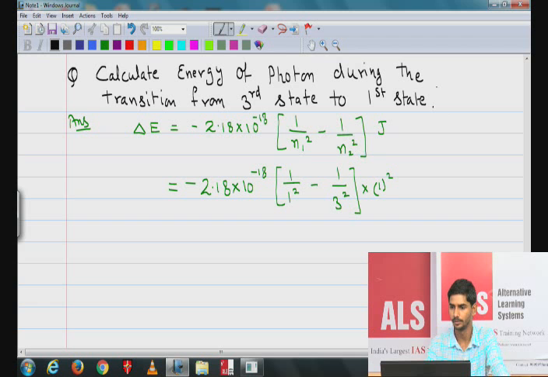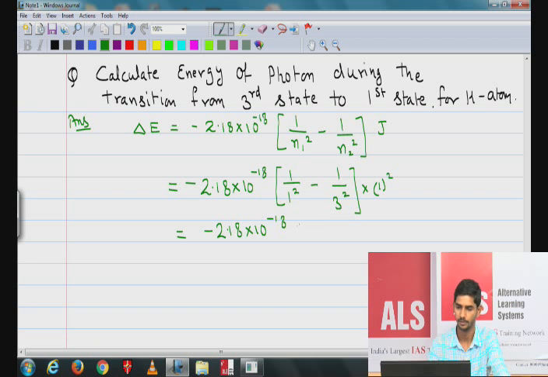Guys, remember one thing, whenever the atom is not mentioned, it is by default hydrogen. So we get minus 2.18 into 10 to the power minus 18. This is 3 square, 9. It will be into 8 by 9.